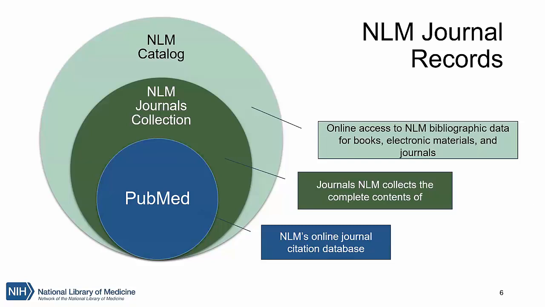And we'll review why that is later in class. PubMed, our topic today, is the NLM's online journal citation database, and it represents the most visible subset of the NLM journal collection. So let's review the contents of PubMed. PubMed facilitates searching across 3 NLM products: Medline, PubMed Central or PMC, and the NCBI Bookshelf.